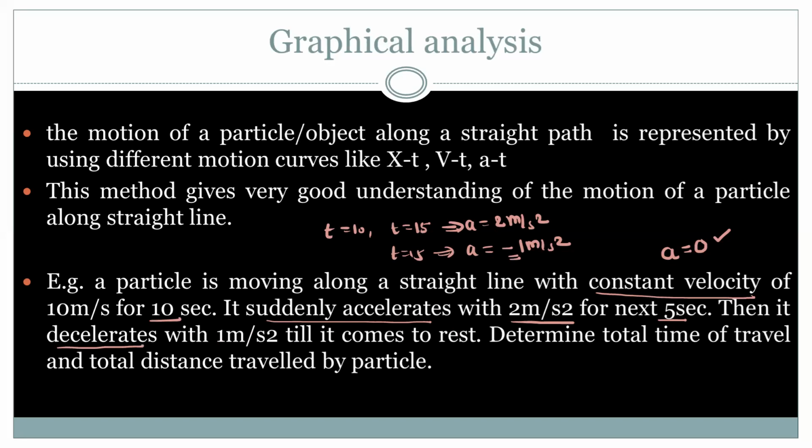That is called negative acceleration, or it is a retardation. And finally, its velocity will become 0 at a particular position. Okay. So how to represent this? By using the graph. So first graph, it is for the acceleration and time. So consider the first 10 seconds. So for the first 10 seconds, velocity is constant.